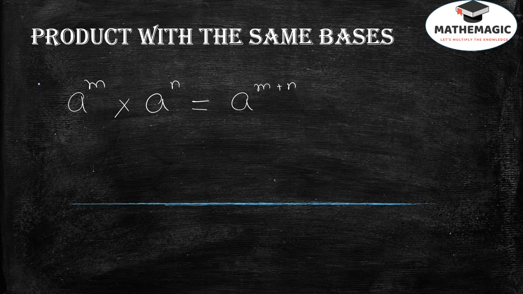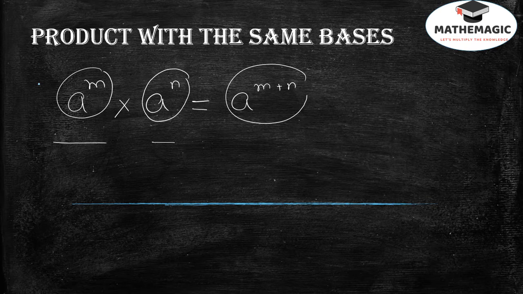This means that for any non-zero a, where m and n are whole numbers, a raised to the power m multiplied by a raised to the power n is equal to a raised to the power of m plus n.